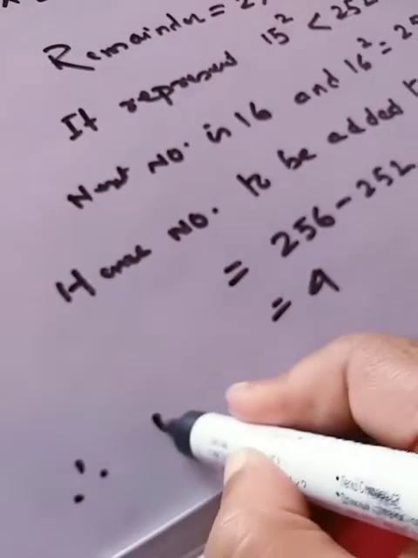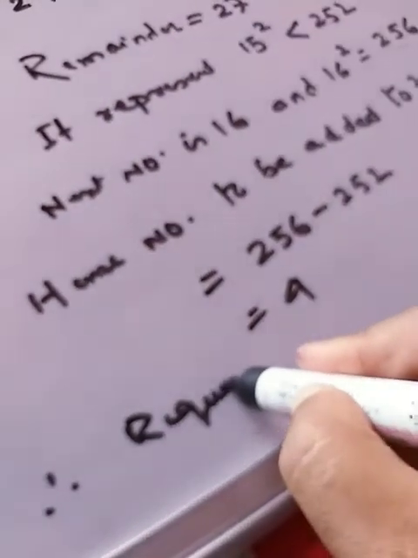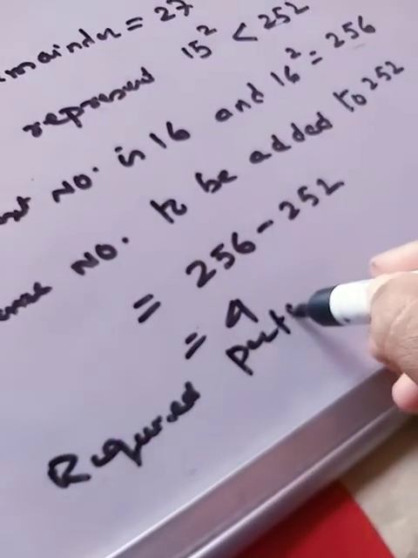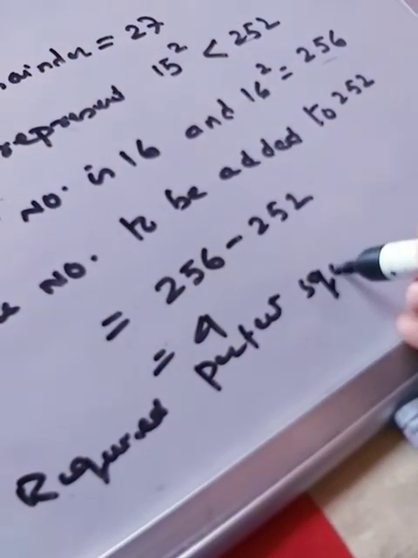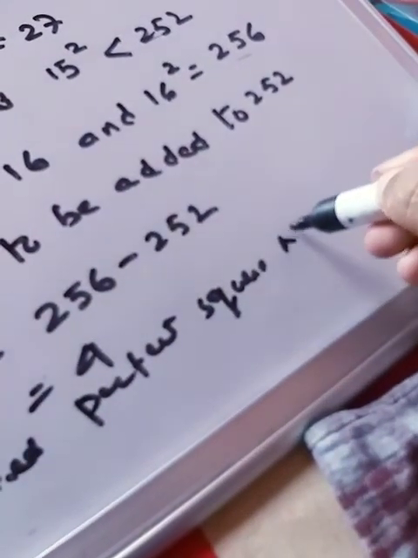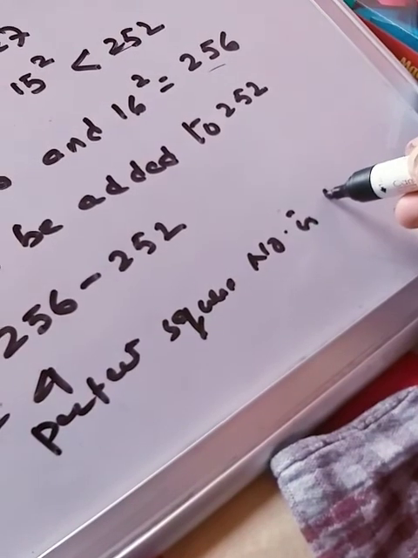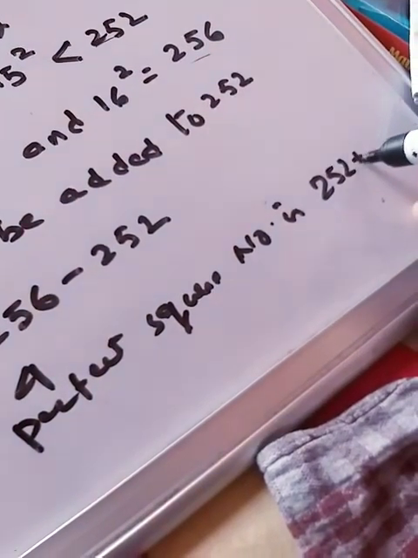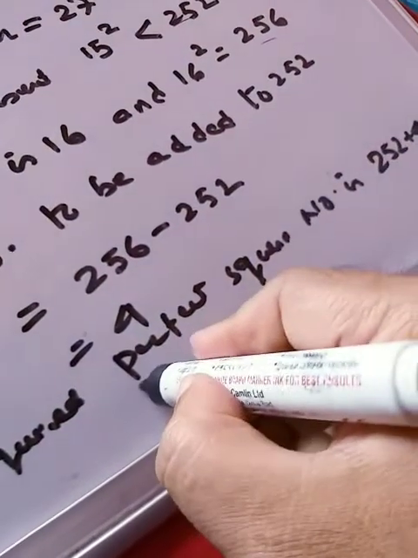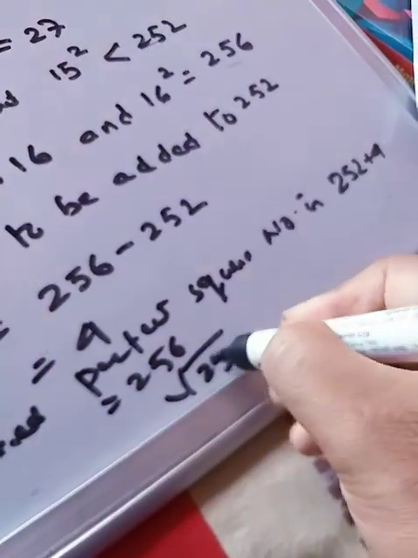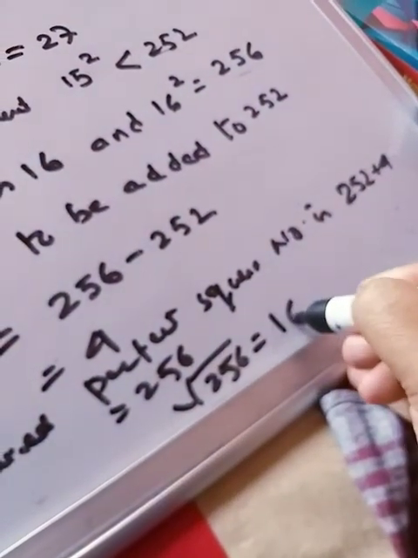So therefore the required perfect square number is 252 plus 4, that is equal to 256, and the square root of 256 is 16.